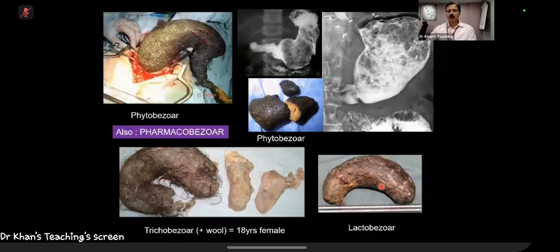You can have lactobezoar in babies, and the latest is you can also have pharmacobezoar, as in undigested medicines. So these are the types of bezoar. Always think bezoar when there is a bizarre, mottled appearance that gives you a mass. So keep your minds open about it.